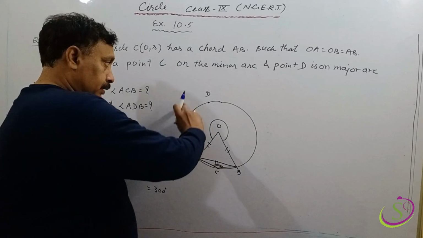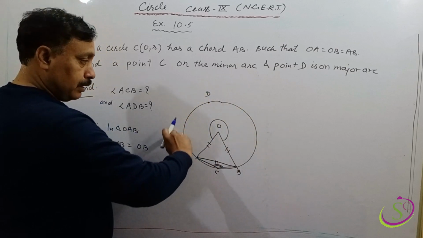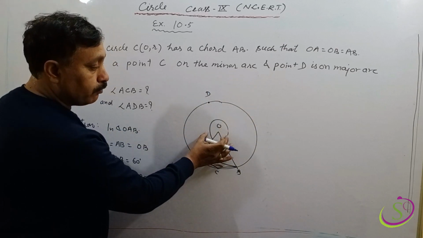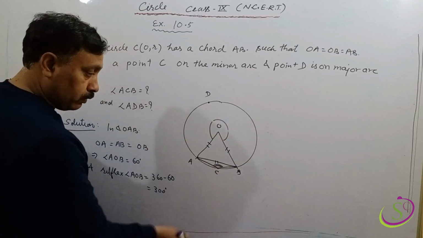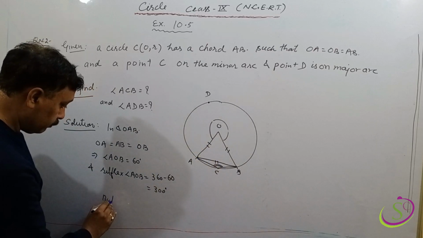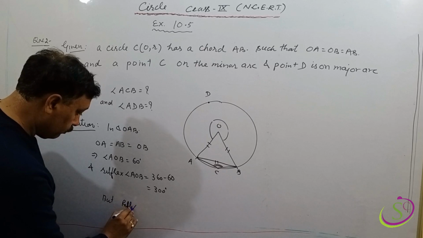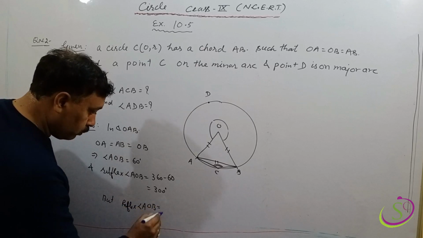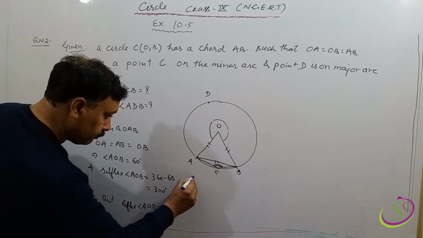See, this larger arc, the major arc, subtends the angle at the center which is the reflex of AOB, and this angle will equal double that of angle ACB. So the reflex of angle AOB will equal double that of angle ACB.